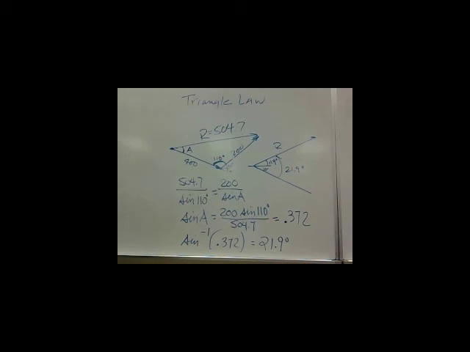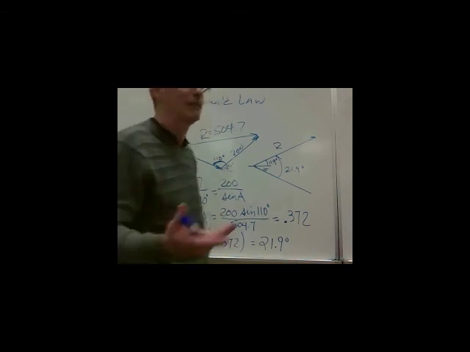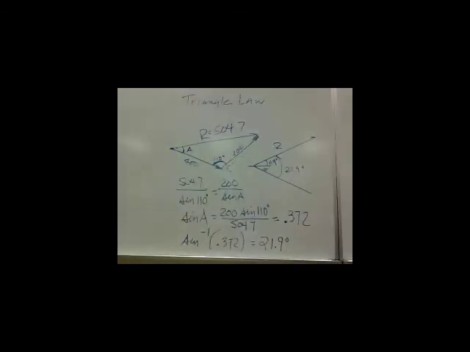Okay? So watch out. Both of these things could be correct. You could say, hey, it's 504.7 pounds at an angle 21.9 degrees off the 400-pound vector.